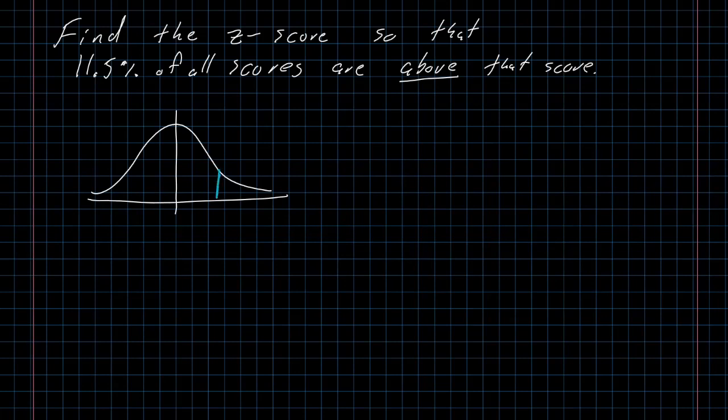The area that we are given is over here. 11.5% as a decimal is 0.115. To do anything with this on the z-score table, we need the area over here.